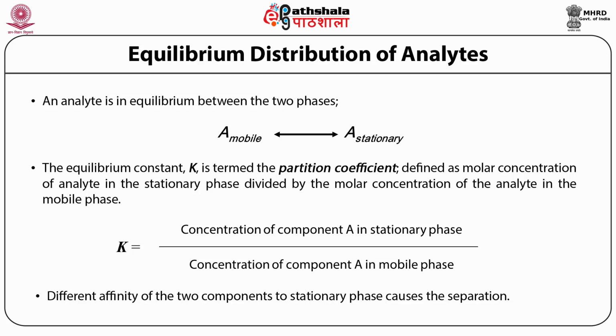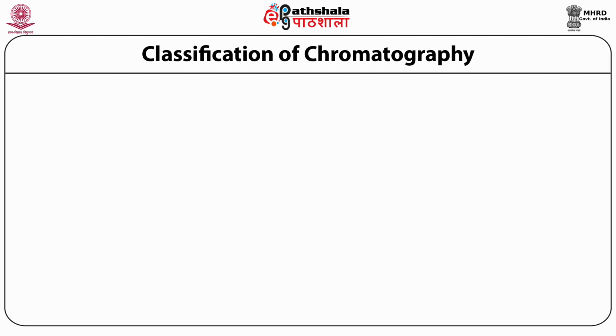It is defined as the ratio of the molar concentration of analyte in the stationary phase to the molar concentration of the analyte in the mobile phase. The differential distribution of various components between the two phases determines the rate of migration of different compounds in a mixture and results in their separation from each other.